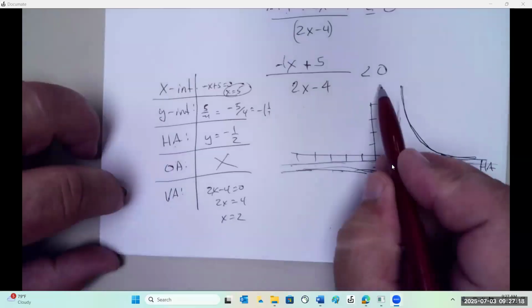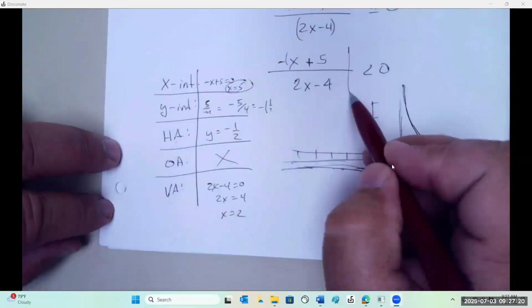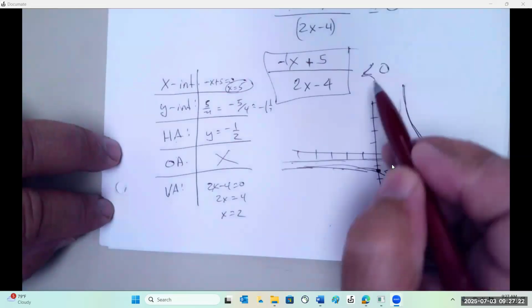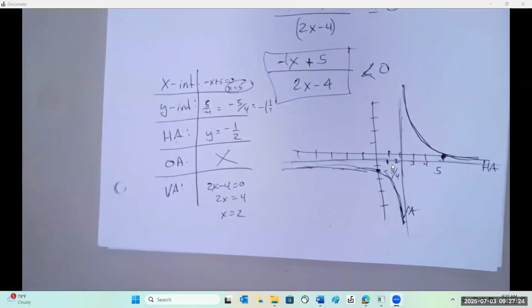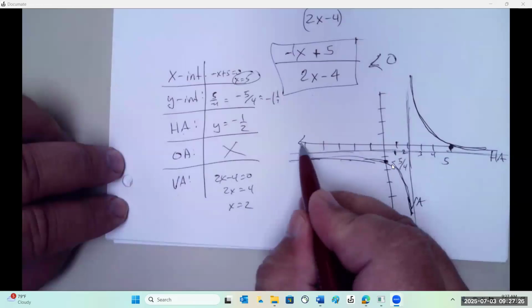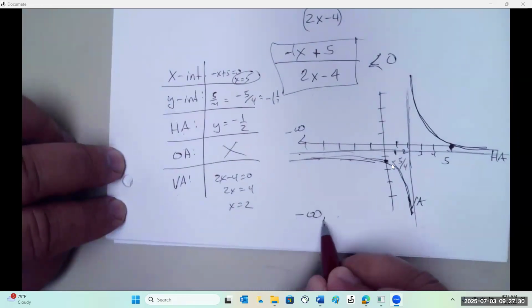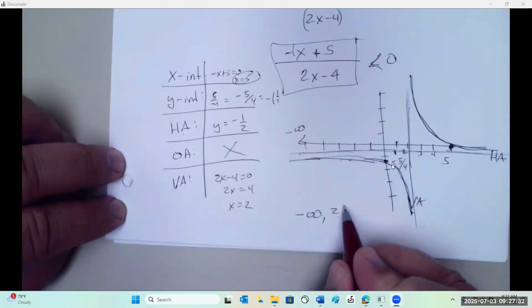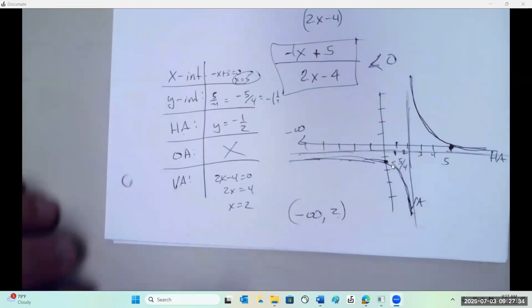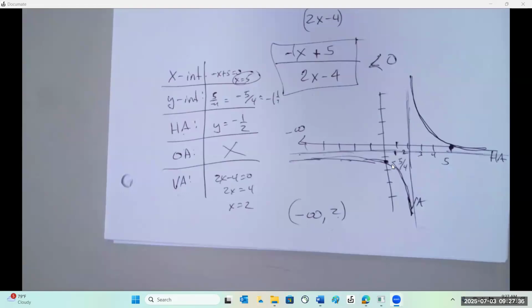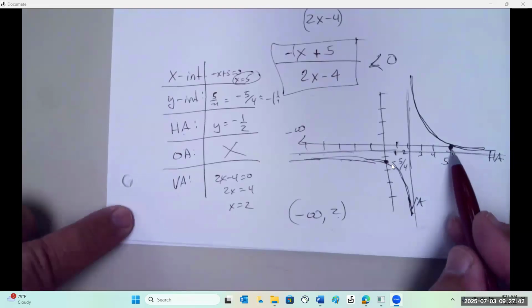So my solution I'm looking for is where is this graph below the x-axis? Well, this whole part over here is from negative infinity all the way to 2. That's all below the x-axis. Where else is it below the x-axis? Well, we had an x-intercept there.